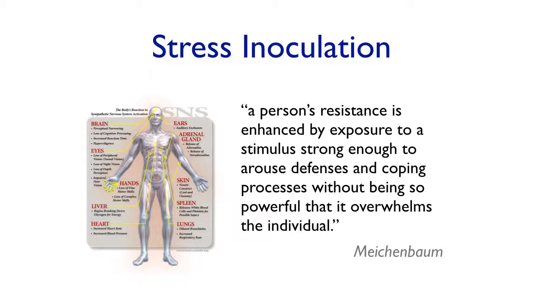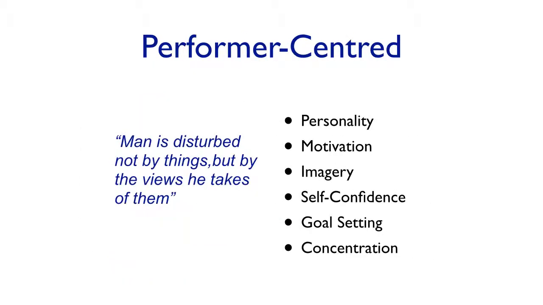Because ultimately, our learners are people, and they will be physically trying their best to take on the skills that we're showing them, but ultimately their personality, their motivation, their imagery that they're using will all affect their self-confidence and their concentration on the goal when the chips are down, so to speak, and they're under survival stress.